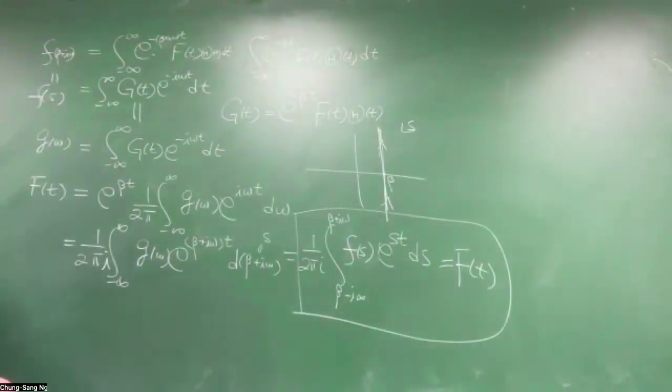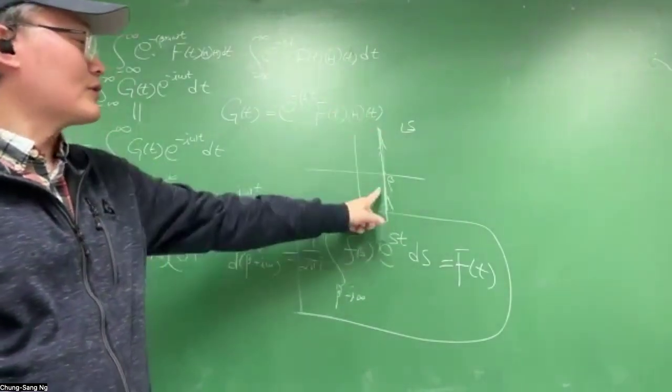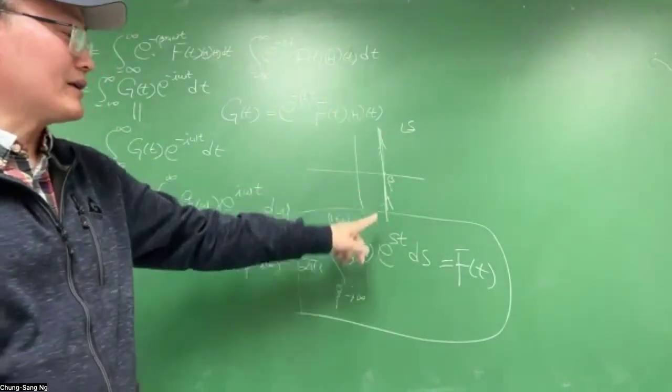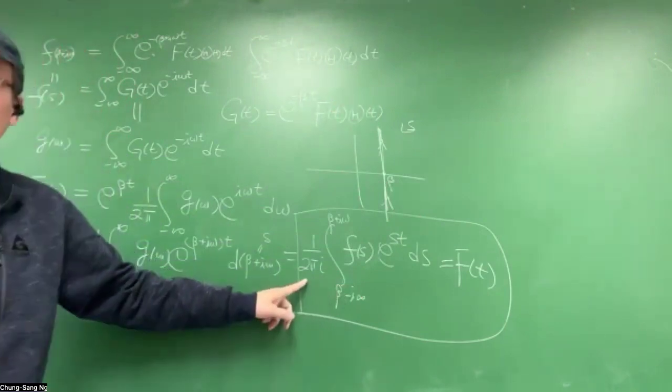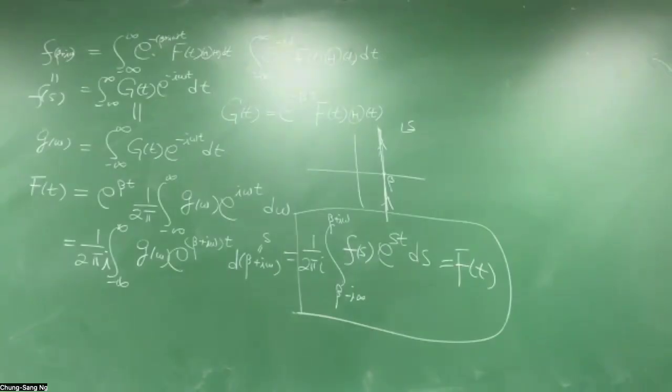We're not done yet, but I'm out of time, so we need to figure out the beta value later. Next time, just this time we get to this formula. There's a name for this integral. This is called the Bromwich integral.